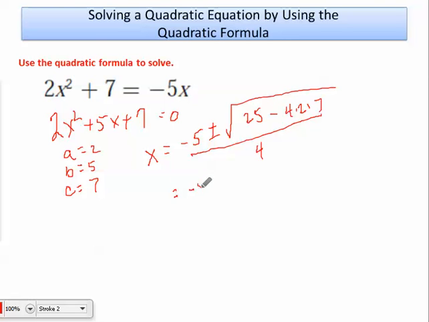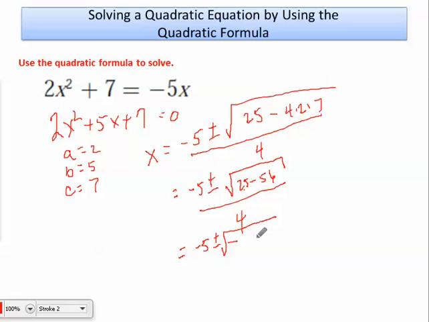which is equal to negative 5 plus or minus. Well, 4 times 2 is 8. 8 times 7 is 56. So I've got the square root of 25 minus 56 divided by 4. Well, 25 minus 56 is going to give me a negative number. So I'm going to get negative 5 plus or minus the square root of negative 31 divided by 4.